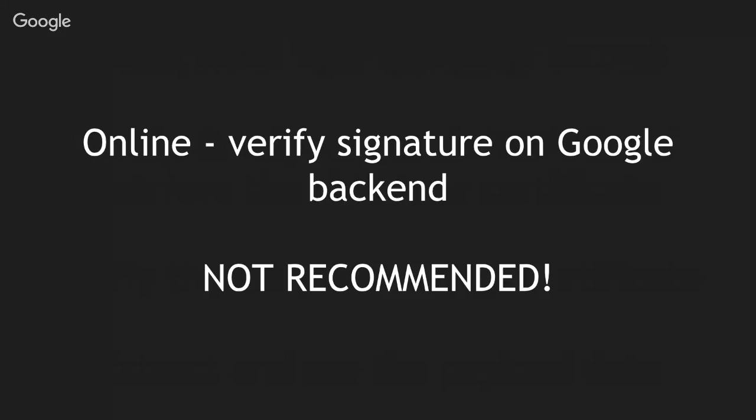So basically, you can get the token on your backend, and you can send it to Google service for verification whether this token is correct. But it doesn't do any verification of the payload. It just verifies whether the token is valid itself.